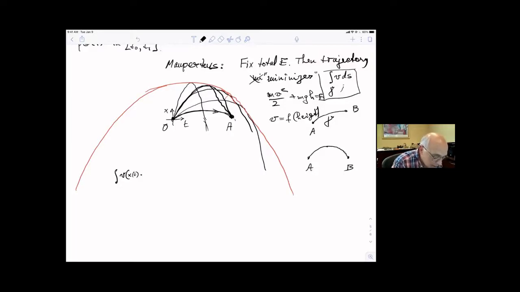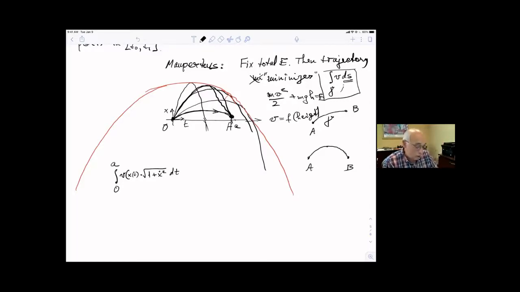and the arc length ds is what? It's the square root of 1 plus x dot, that is the slope, squared, dt. This is the integral, right? And if this point has x coordinate a, it's the integral from 0 to a, right?